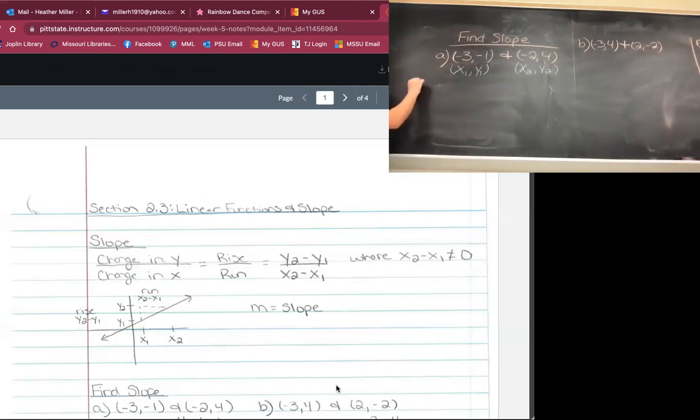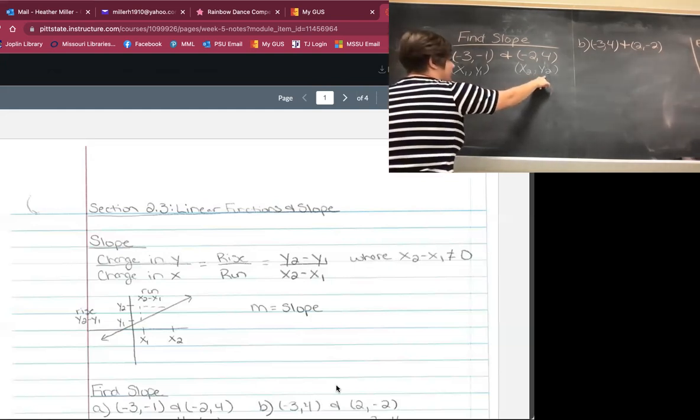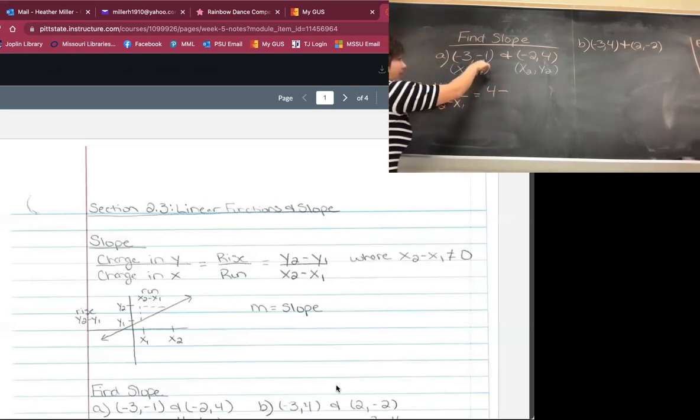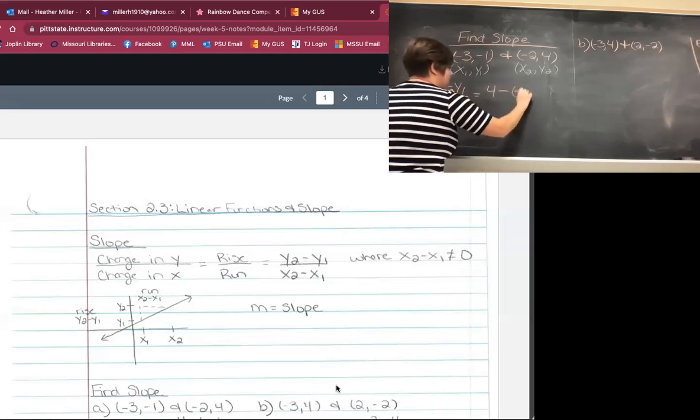So slope is y2 minus y1 over x2 minus x1. So y2 was for my second point, which is 4, minus my y1. Now y1 is negative, so I don't just put a 1 there. It's minus y1.